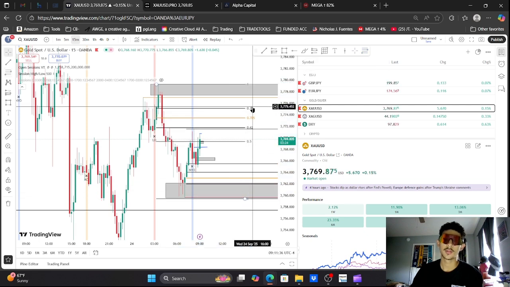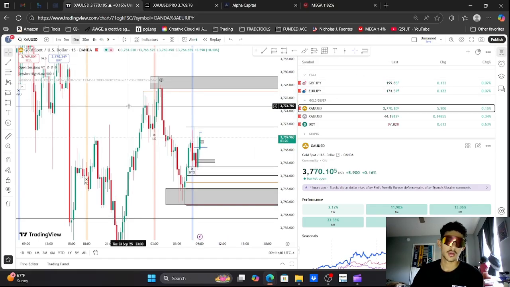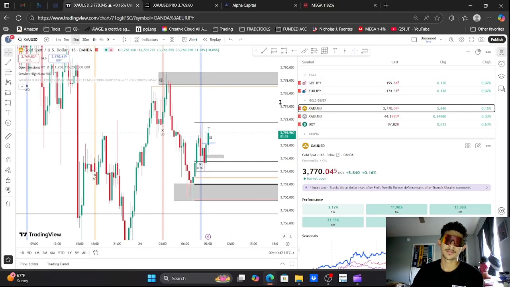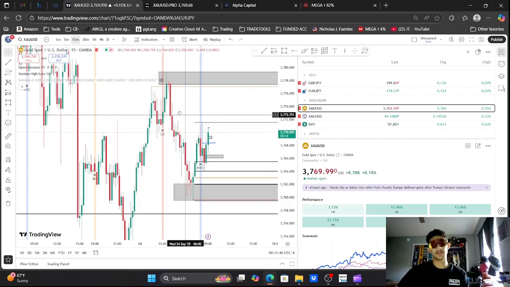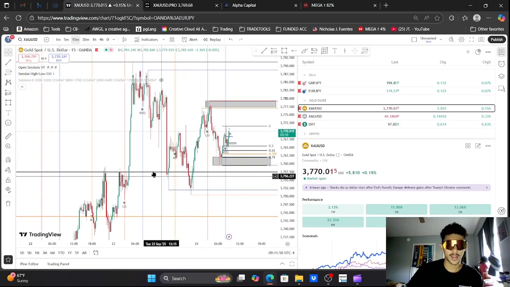That 0.79 is in line with this 15-minute bearish imbalance as well. And see, the problem that I have with this is that it might reach into this area and then shoot back down.